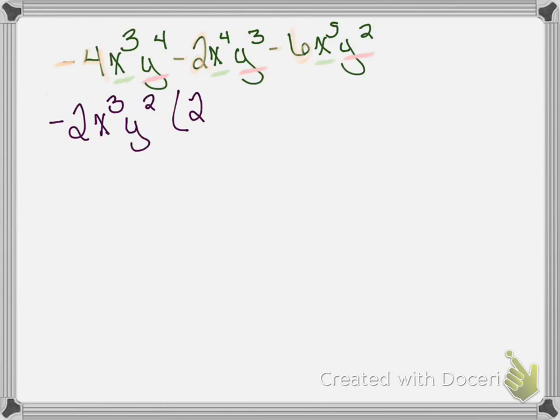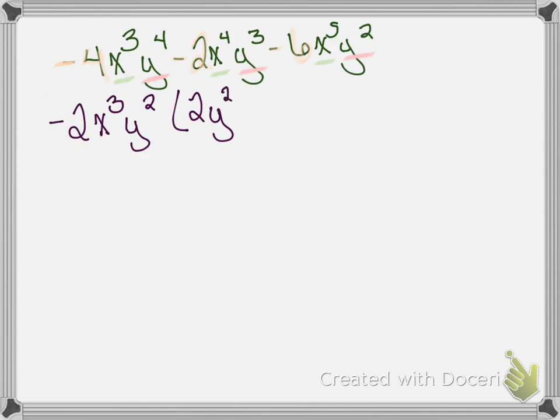That's not true. What's x to the third times 0? 0. Okay? So it's actually x to the third times 1. Now, we don't have to write that 1 down because we've already got a -2, and then we're going to have a y in there too. But just be careful, don't say nothing, because you're actually multiplying it by 1. Okay, y squared times what gives me y to the fourth?